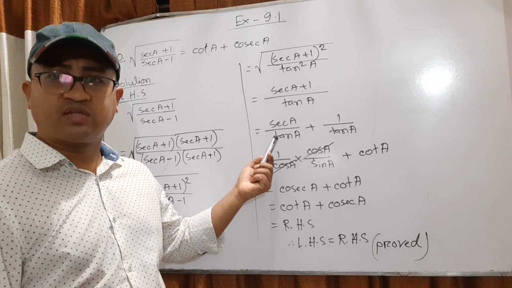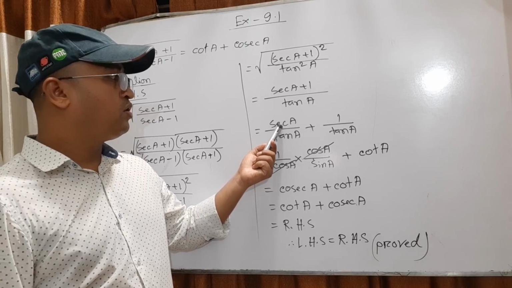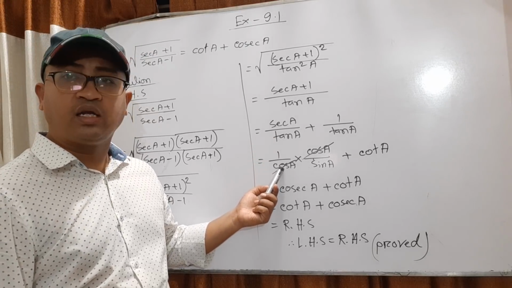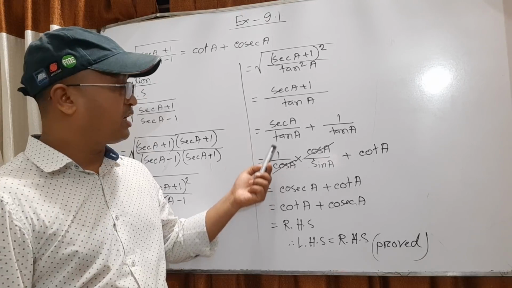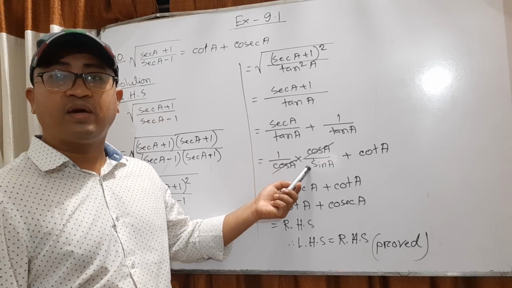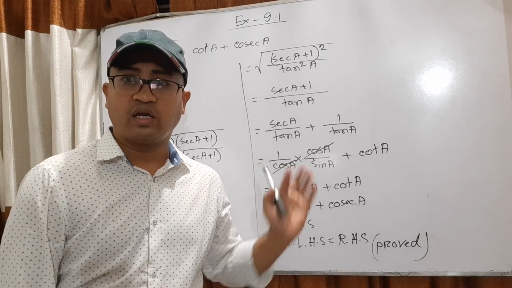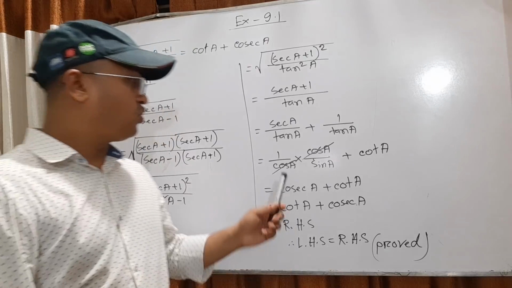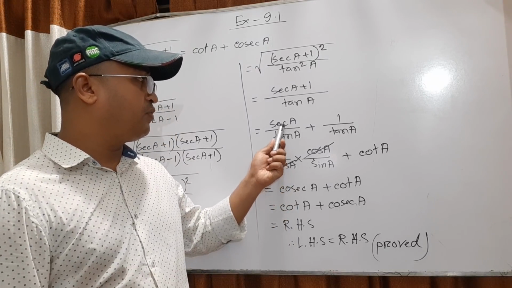Now sec A by tan A. Is there any formula for sec A by tan A? No, there is no formula like this, but we know sec A is equal to 1 by cos A, and tan A equal to sin A by cos A. But look, tan A is a denominator here, so I can write it as multiplication. Sec A and tan A both are division.